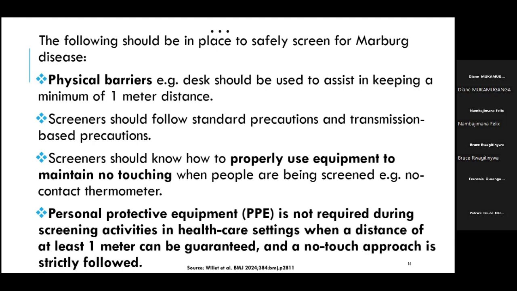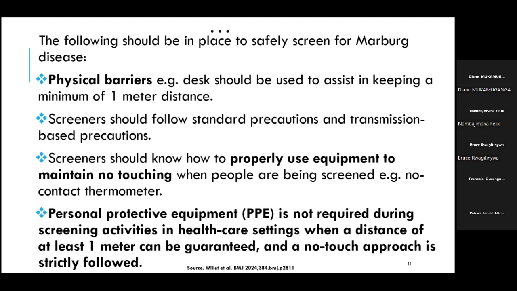So these are the things that must be put in place of the screening. We must, because most of the point of entry, most of the people are, I may define them as stable, except for the emergency entry, maternity ward, for example.